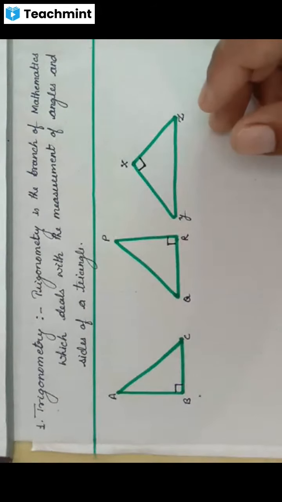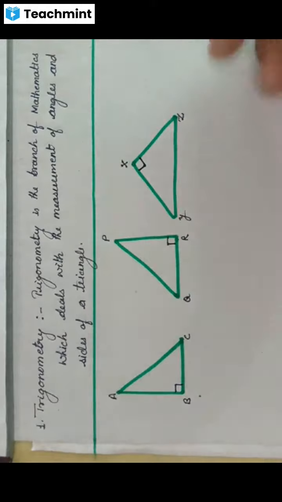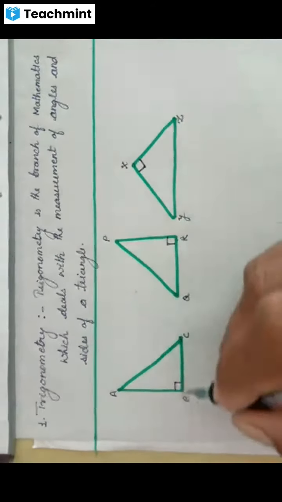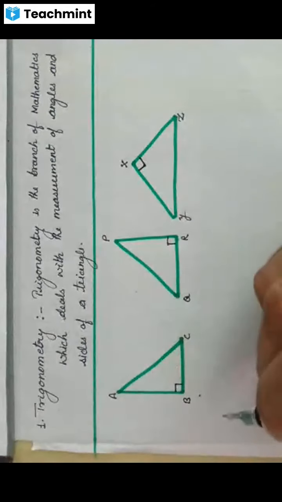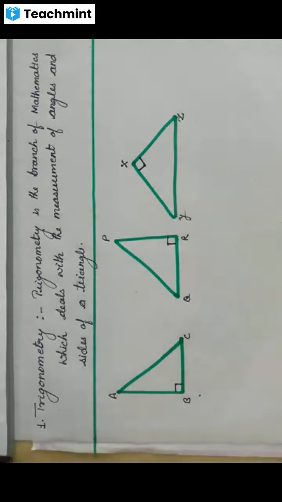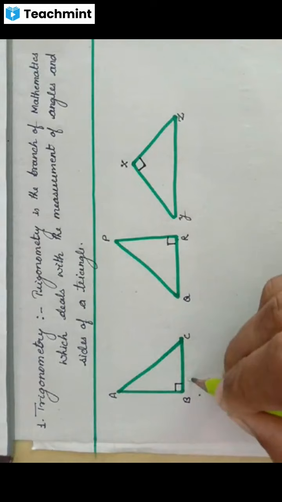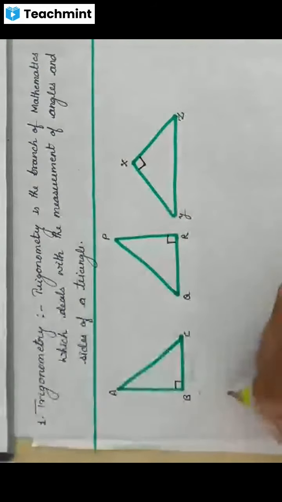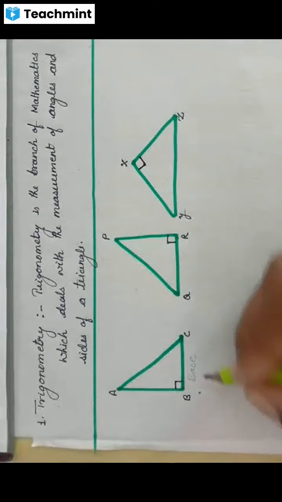First there must be one angle which is a 90 degree angle. Now we have to see, in a 90 degree triangle there are 3 sides. On the basis of observation I can easily write on this triangle: this is my base, because the triangle is standing on that part.